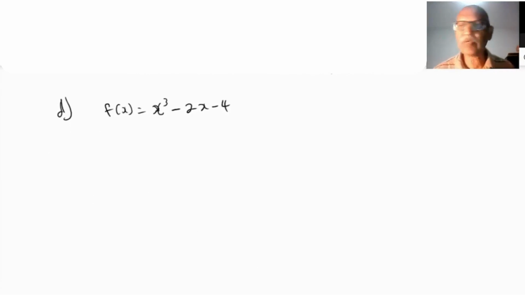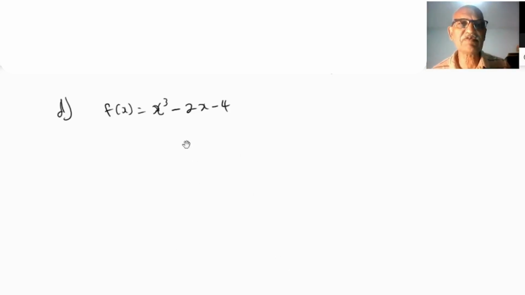Okay, the last one, it's x cubed, but there are 3 terms, so it is not a trinomial. Attention here, it's not a trinomial even though there are 3 terms. I don't factor it as a trinomial. I factor it as a polynomial with a higher degree than 2. So the first thing we do is the factors of 4.